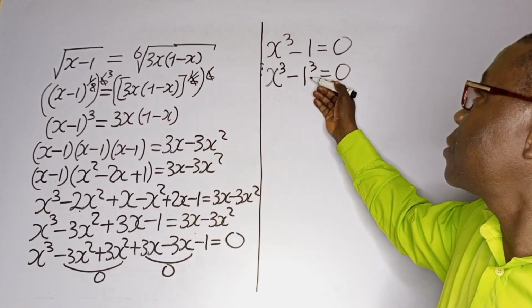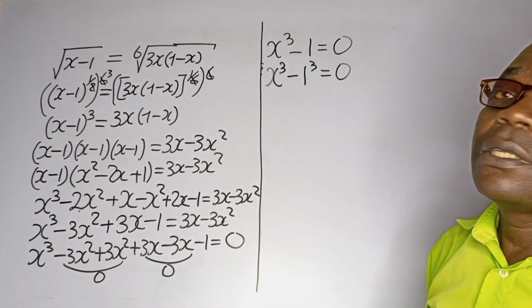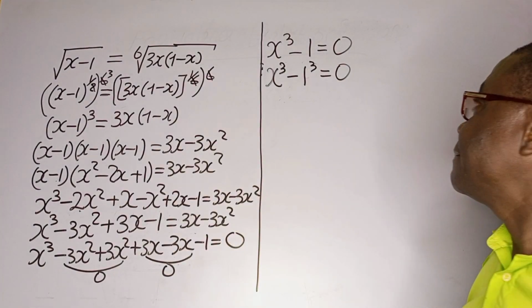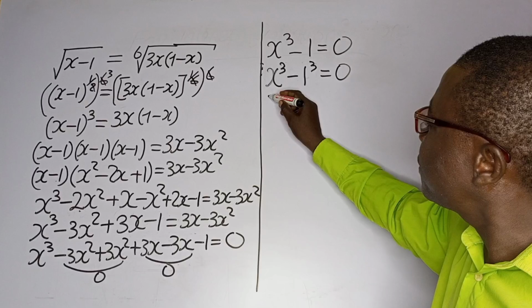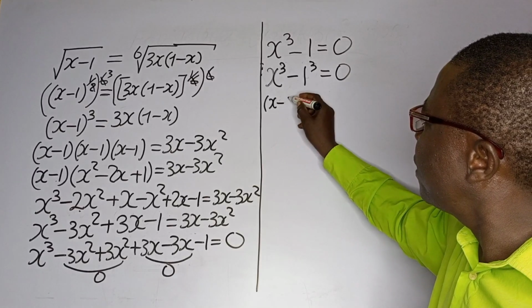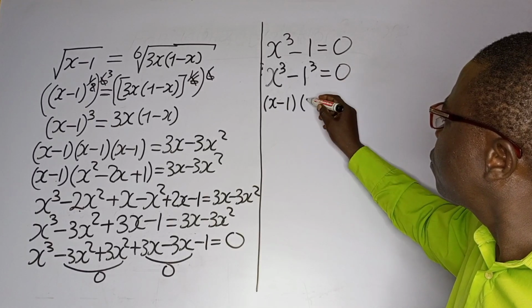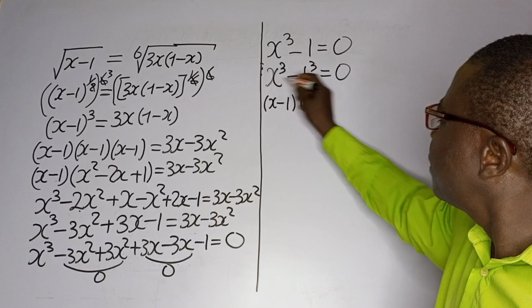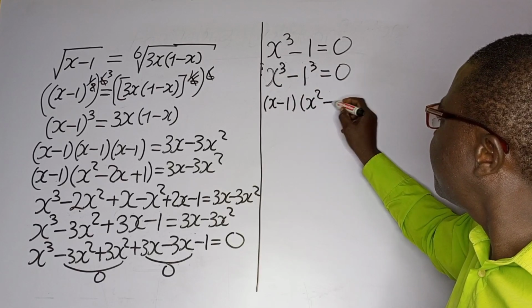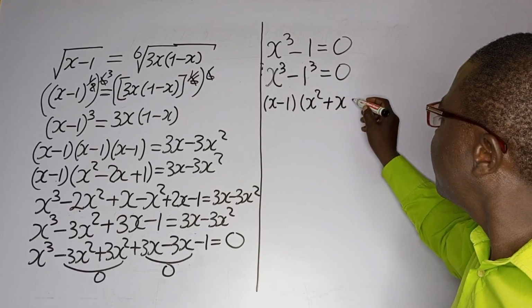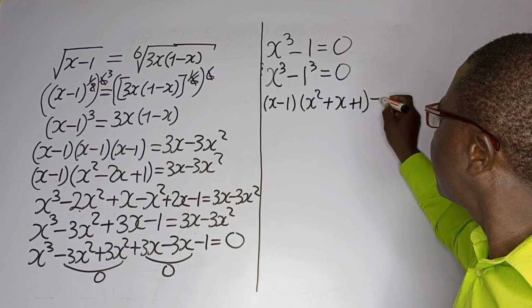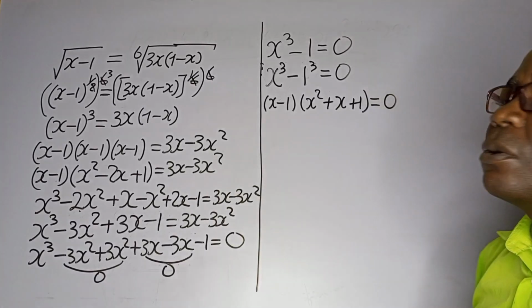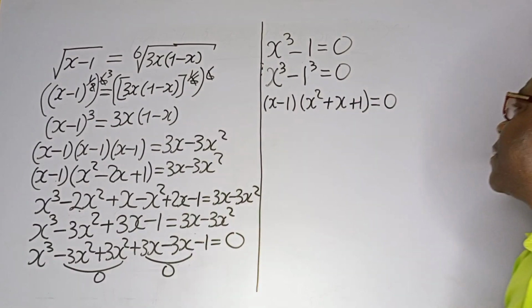We'll write it as such so as to be able to use the difference of cubes identity, which tells us that this expression now becomes x minus 1 into x squared plus x plus 1 is equal to 0.